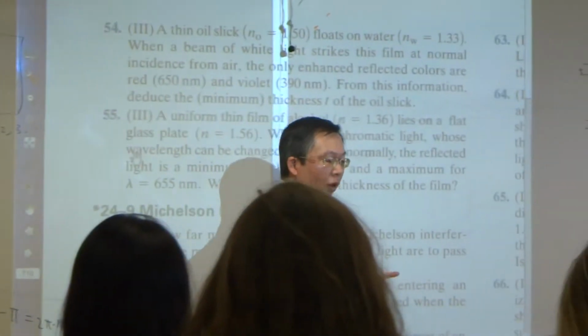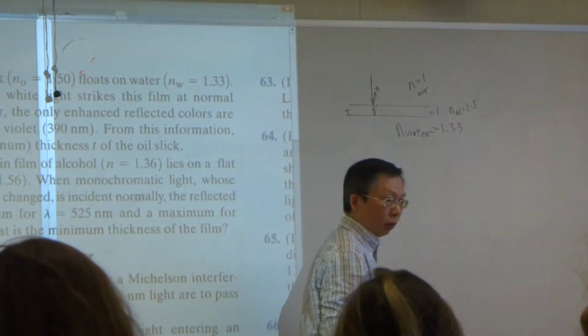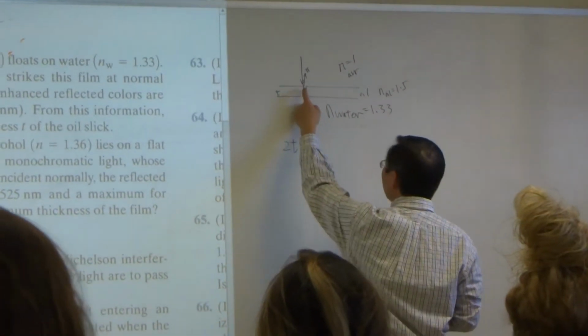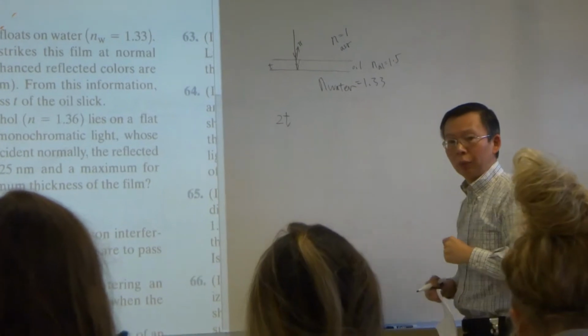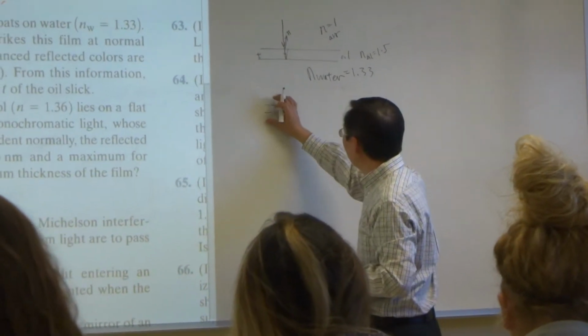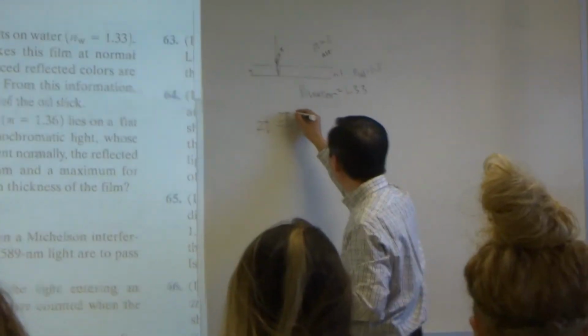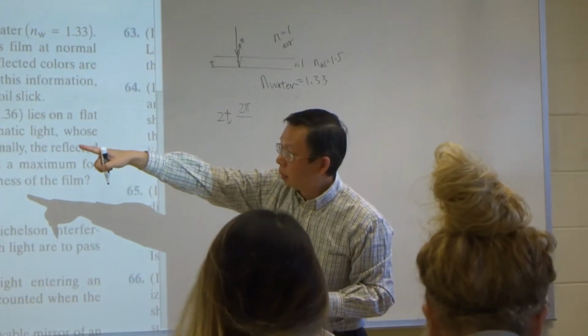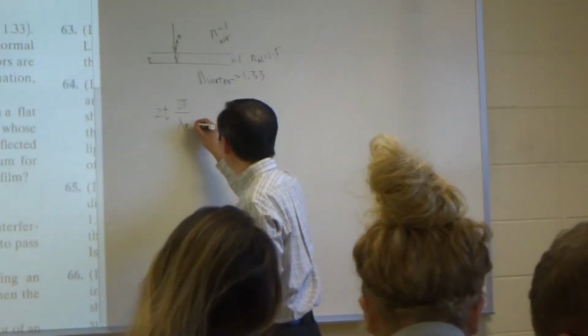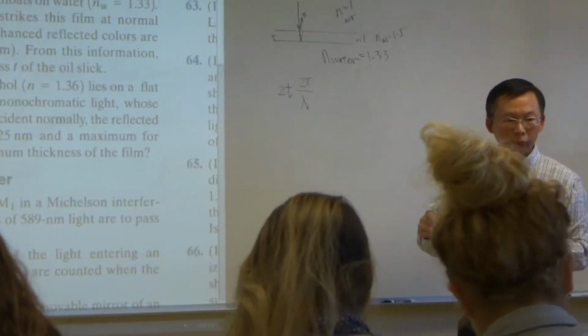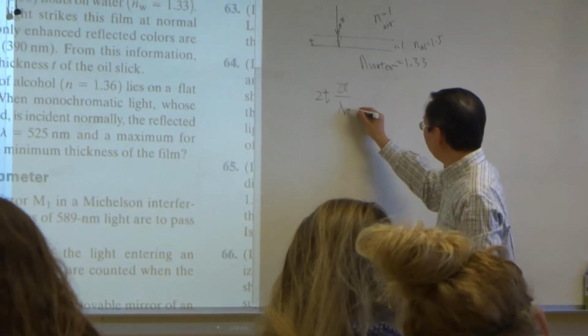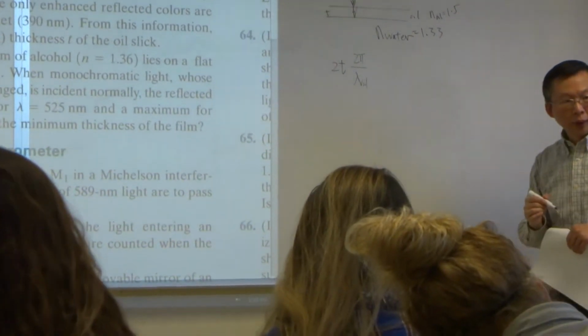But remember, lambda should be the lambda in the oil, because that light is traveling in the oil during that process. So you need to convert this to phase difference: times 2 pi divided by the lambda, but the lambda should be in the oil, the lambda oil. Okay?